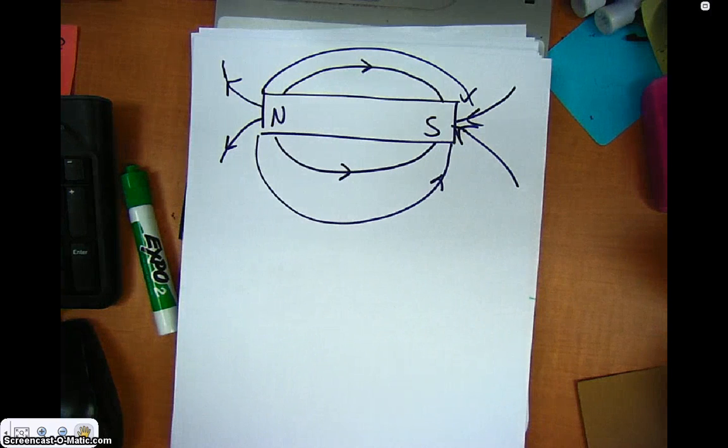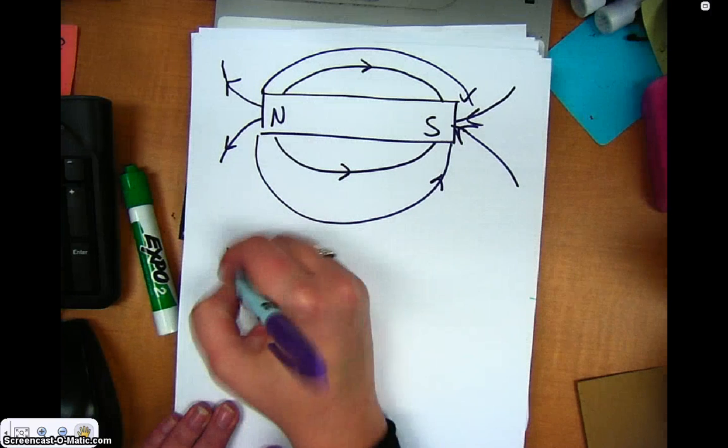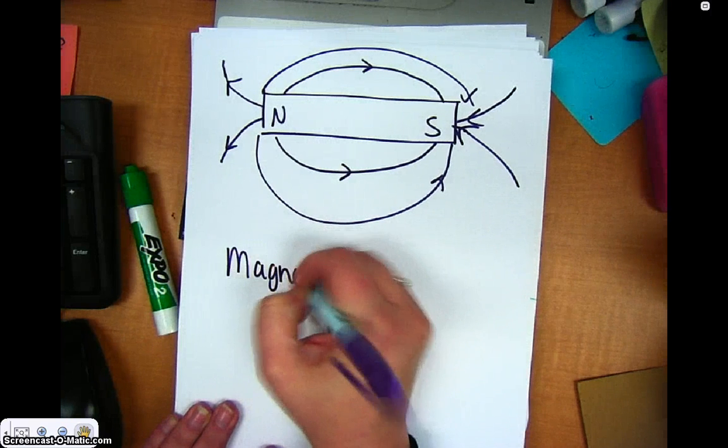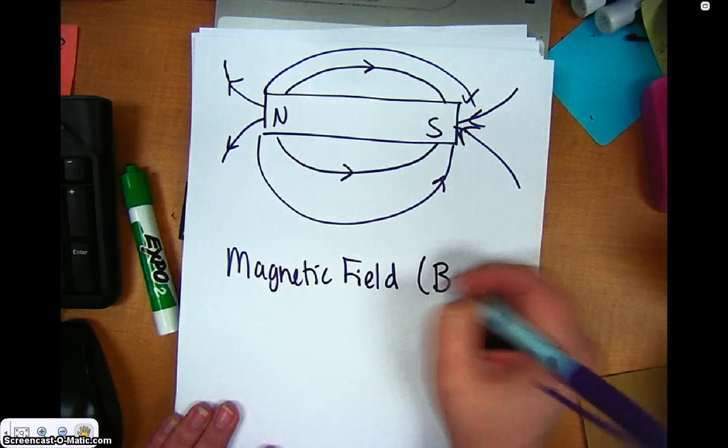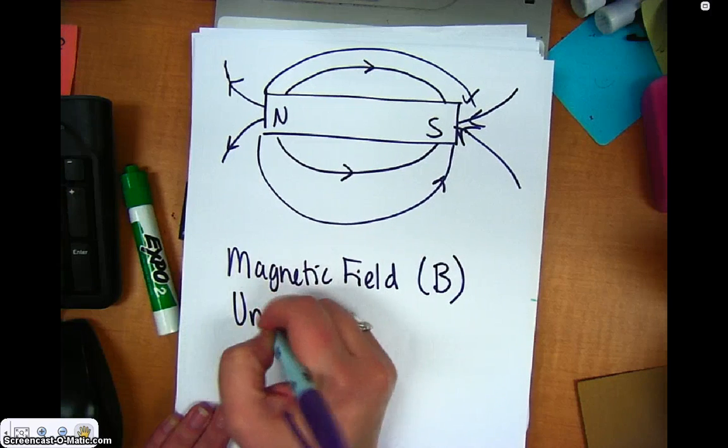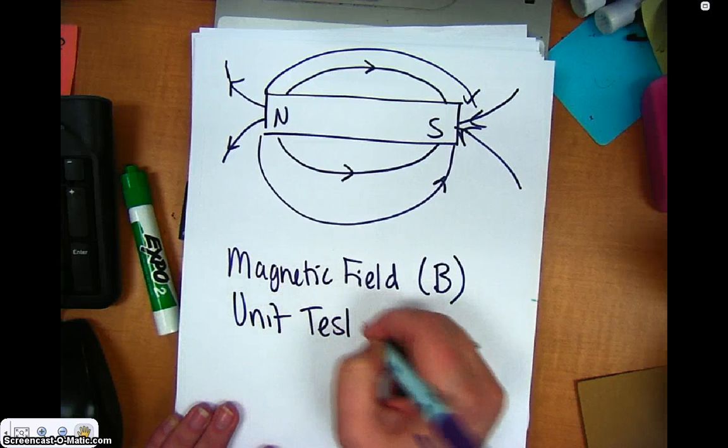So a magnetic field actually has a quantity too, and it's written with the letter B. So a magnetic field has the variable B, and it has a unit called a Tesla.